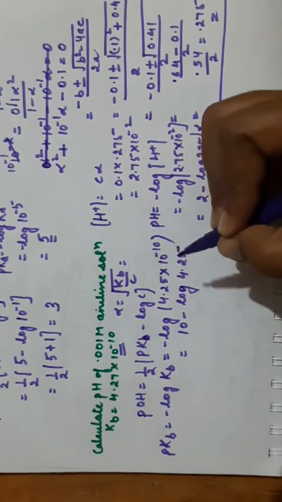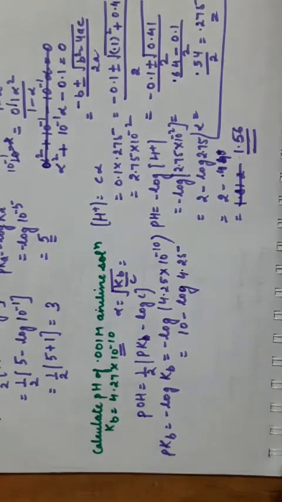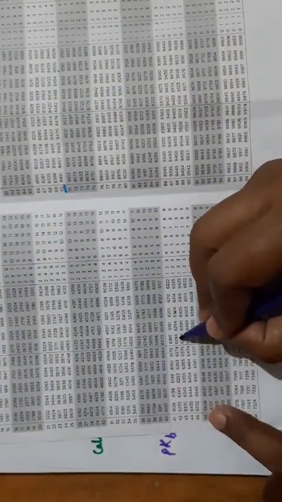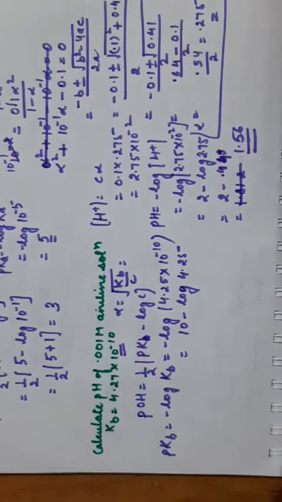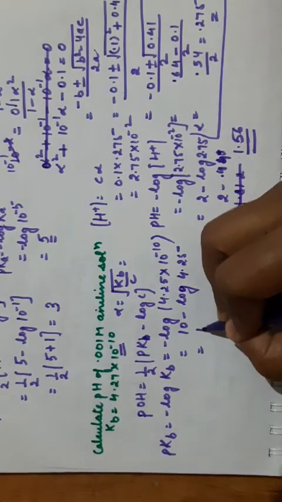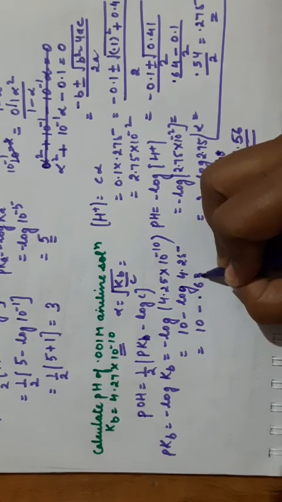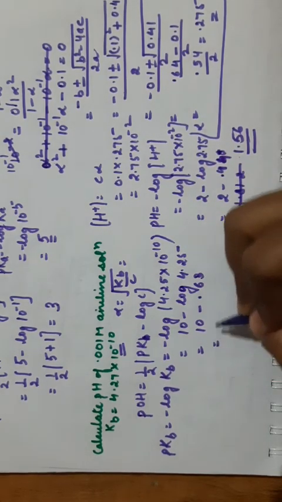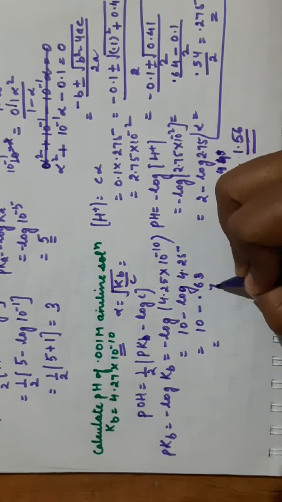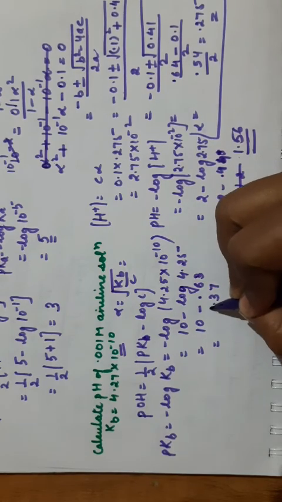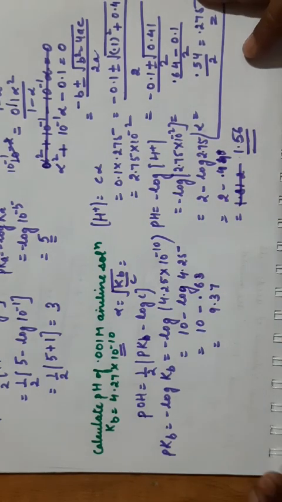Let us check the value of 42 in the log table under 5. 42 in 5 is 6284. So 10 minus 0.6284. So we can take 0.63. So it becomes 9.37. This is the value of pKb.